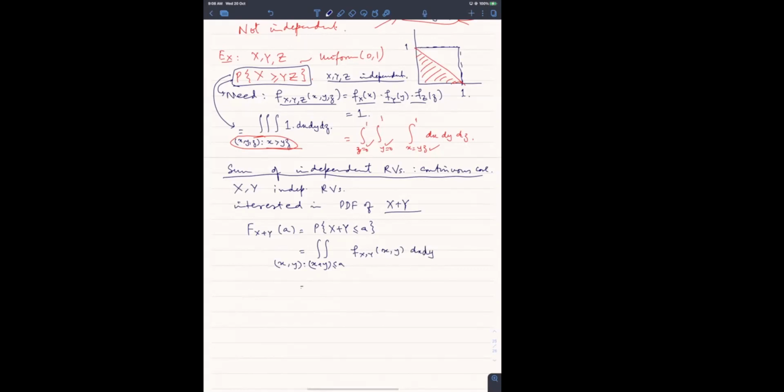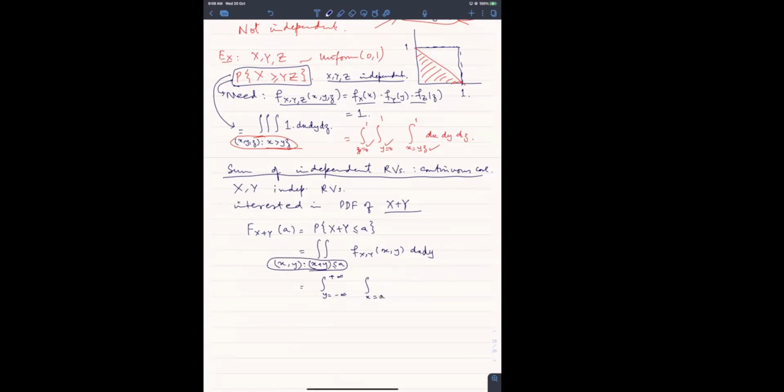So this can be written as y going from minus infinity to plus infinity and x going from, well, x cannot go from minus infinity to plus infinity because x has to be less than a minus y. ये लिमिट हमें ये बता रही है कि x plus y less than a हो, so that means x has to be less than equal to a minus y.